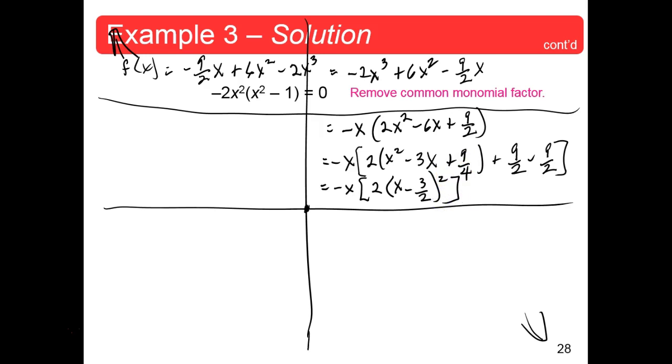Now, I'm beginning to regret doing this because this is part of a bigger problem. And this doesn't give us anything like a 0, which is what we need. This gives us the vertex of a parabola, but this is part of a bigger problem, so that's not really what we're looking for, is it?